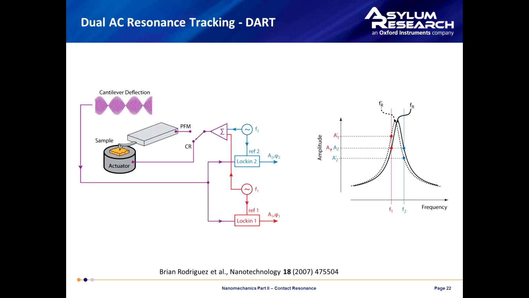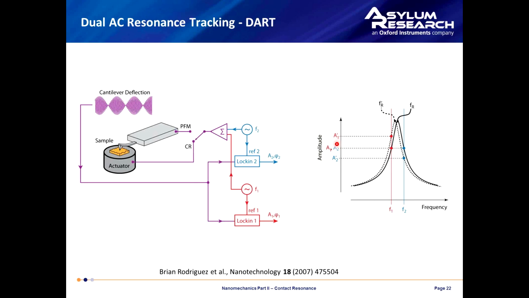Now as the resonant frequency changes, the relationship between those two amplitudes will also change. In this case, if we let the resonant frequency decrease a little bit, so the contact is softening a bit, then A1 increases while A2 decreases. So that means that we can use the difference between these two amplitudes, in other words, A2 minus A1, as an input into a feedback loop that controls these two frequencies.